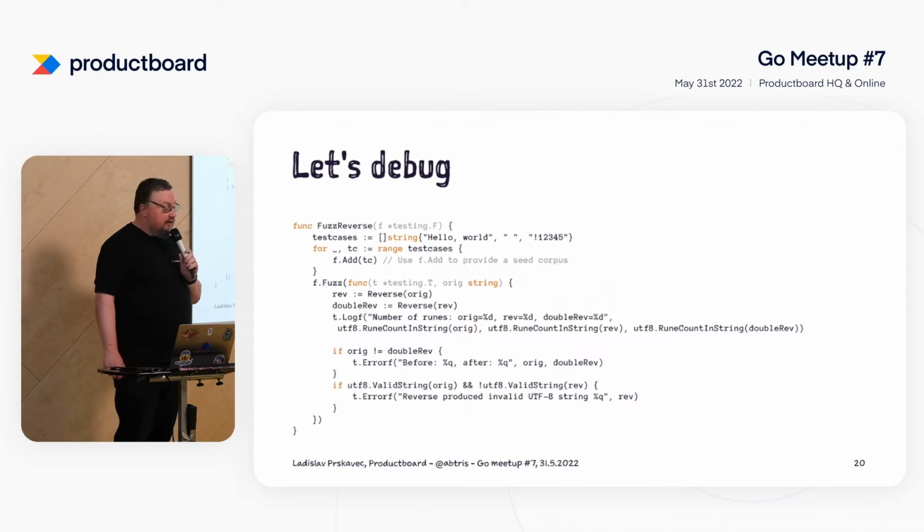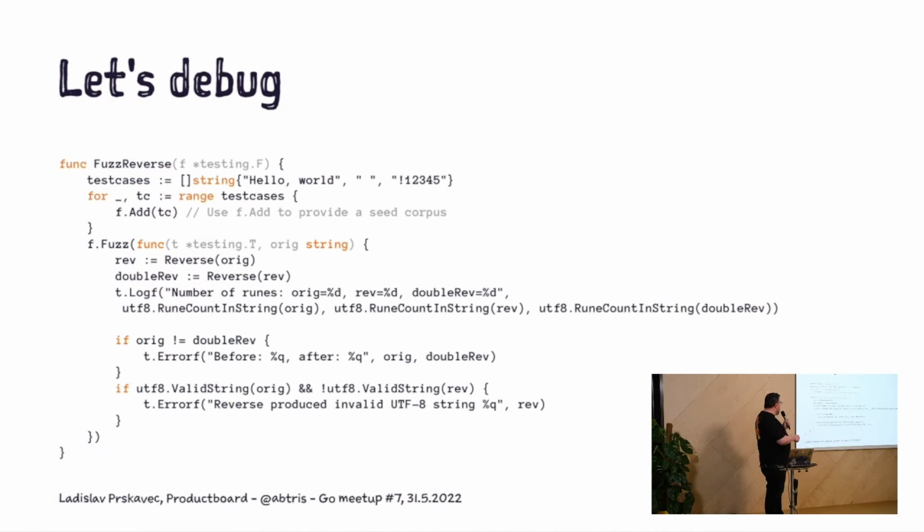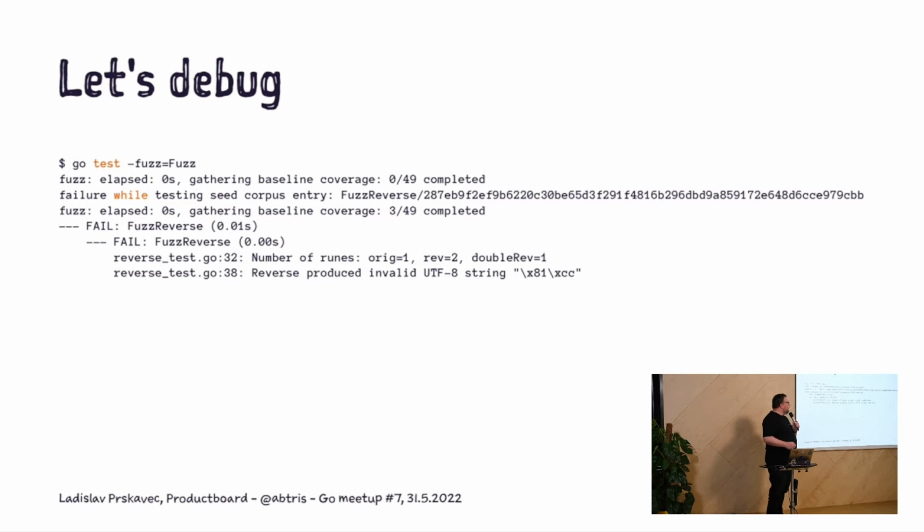Let's debug it, and we add one line here to debug how many runes we get on the reverse and double reverse, in case there is some issue there. I run it, and you can see we have one rune on input. After reverse, we get 2 runes. That's strange. And we get back, and we have 1. That doesn't work.